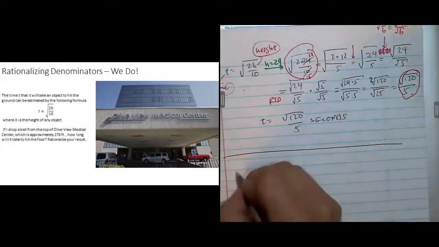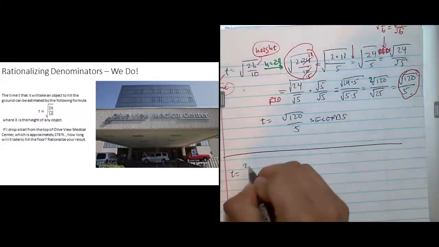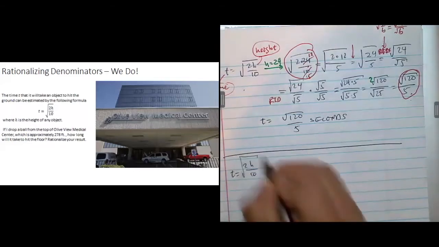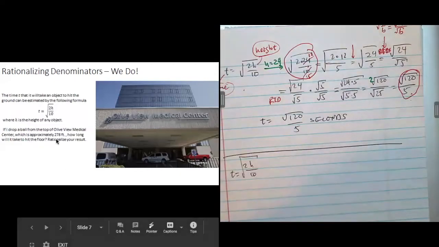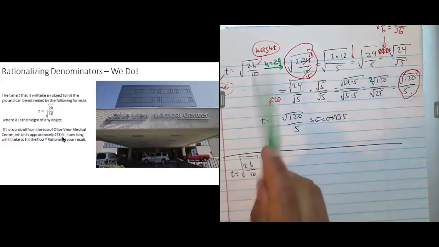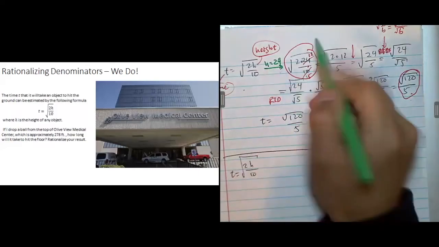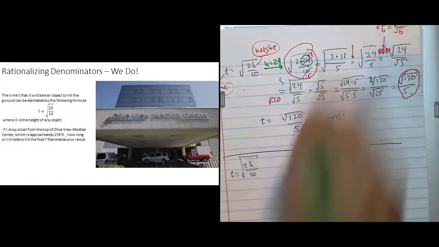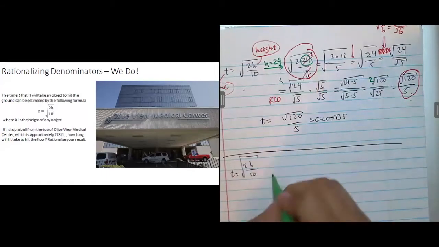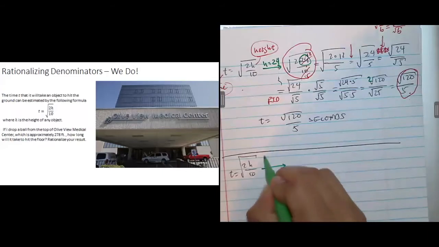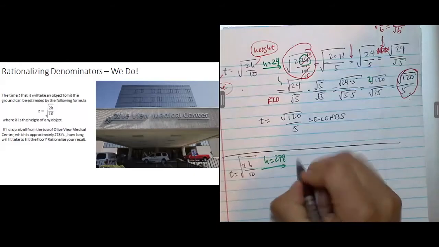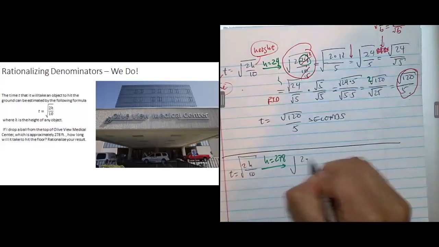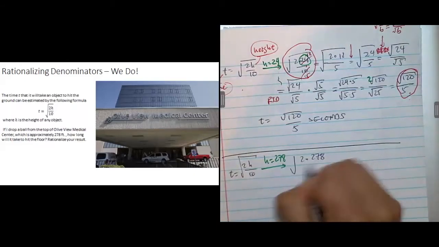So let's write down our formula. Here in the text, it says that the height is 278. So instead of substituting 24, as we did here, we're going to put in 278. So h is equal to 278, and 2 times 278 over 10.